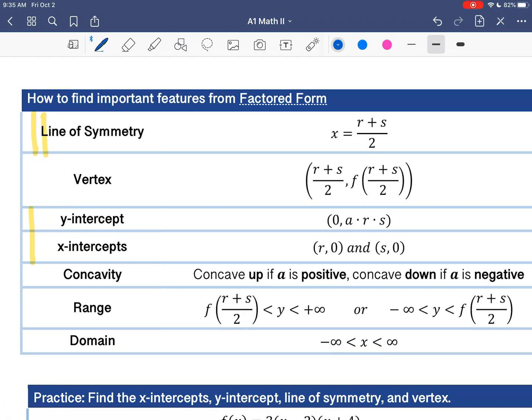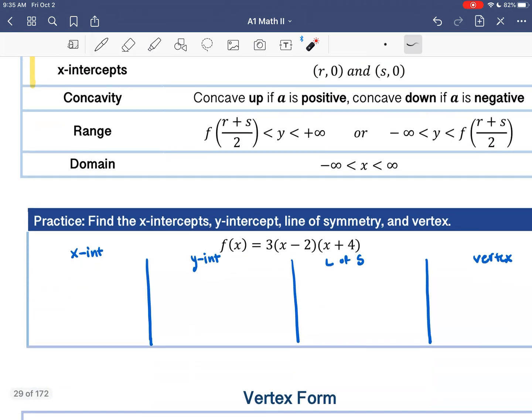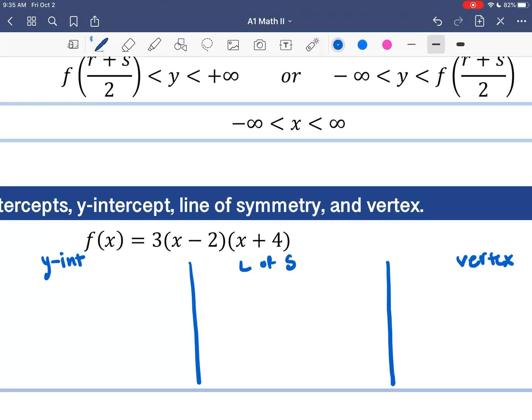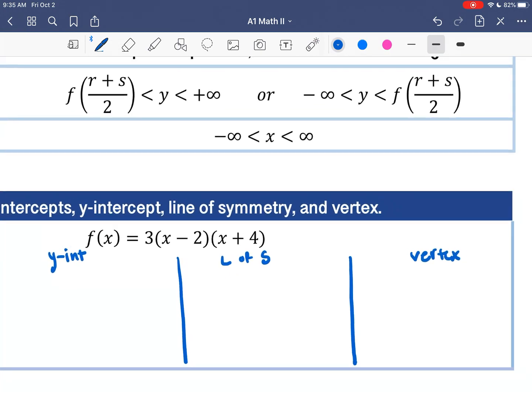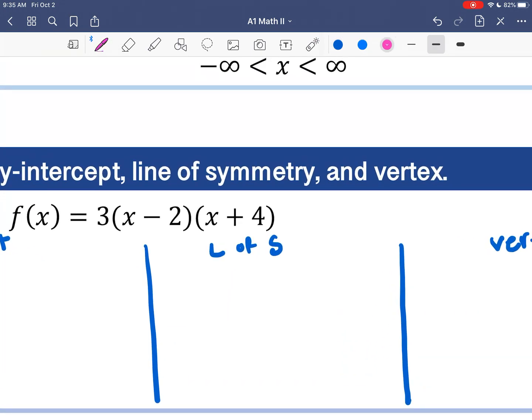The x-intercepts are right here. They're just r and s. This form is made to be able to see the x-intercepts. So r and s, actually let's first identify what a, r, and s are in here. A is 3, that's always the one that's multiplied out front. R, be careful about this because remember it's opposite sign of what you think it is.